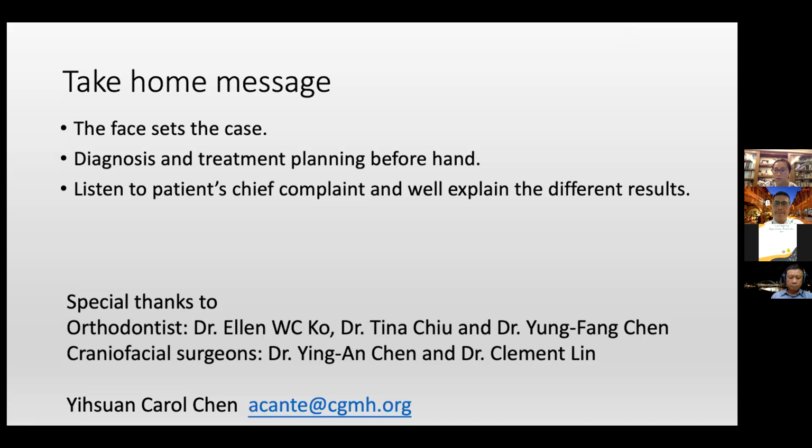First, I think it very much depends on the patient's requirement. So we should consult with the patients and see what his or her chief complaint is. Among these three types of cases, class 2, class 3, and facial asymmetry, I think we should be very careful about facial asymmetry cases. Most facial asymmetry cases will need orthognathic surgery.